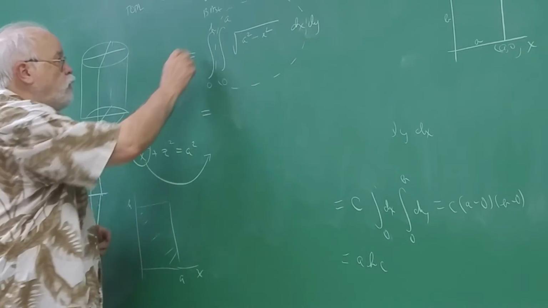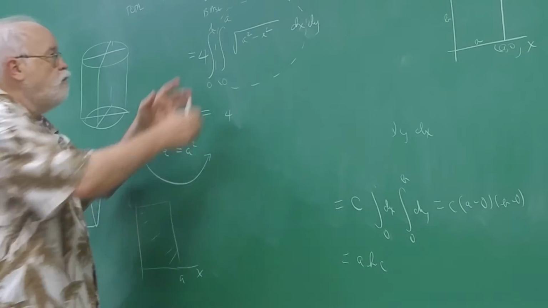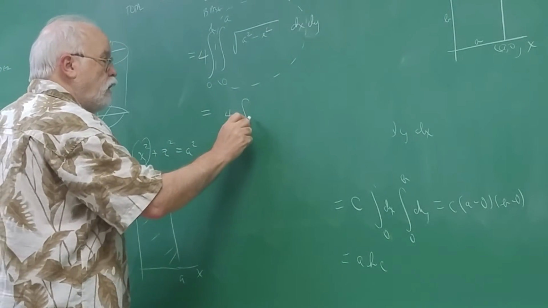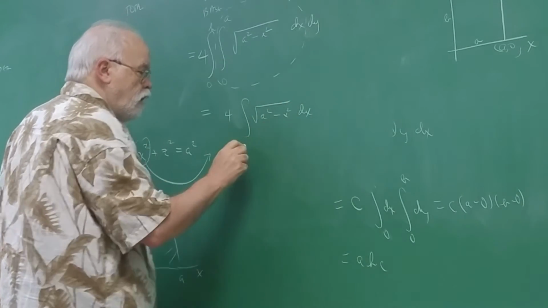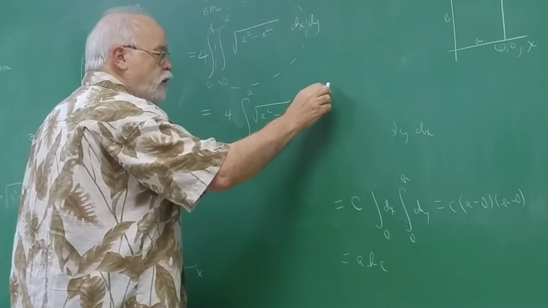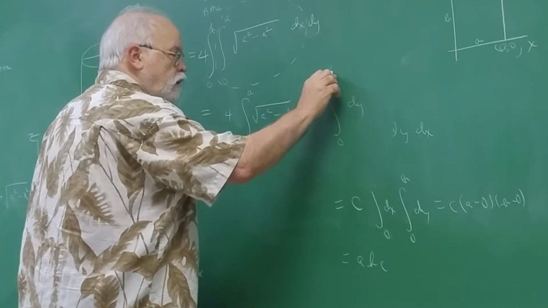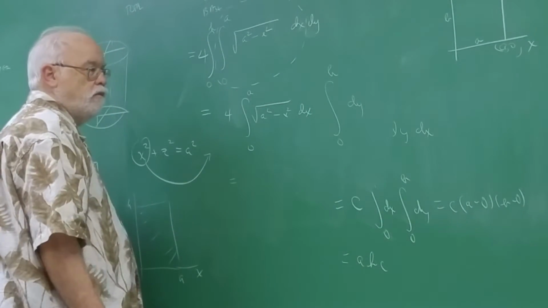I lost the 4. That's just a constant, and so I can bring that constant out of the y integral. And then what's left? I've got a very puny integral right here. And this thing just gives me h.